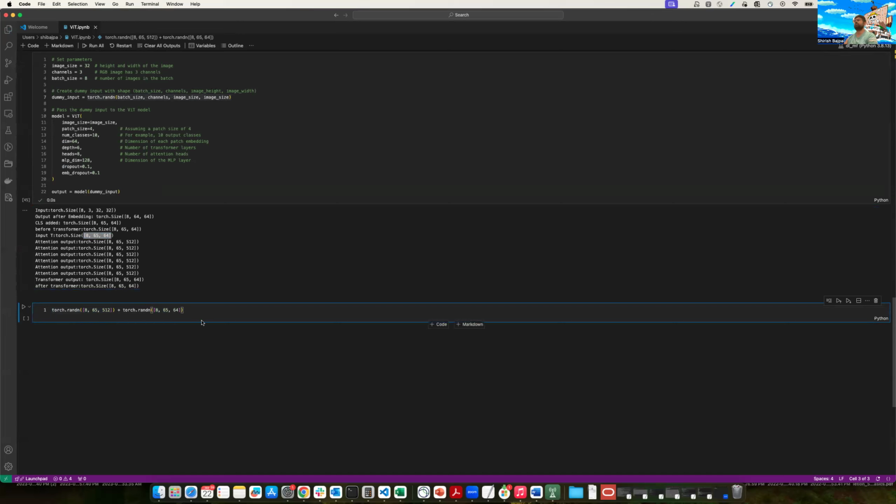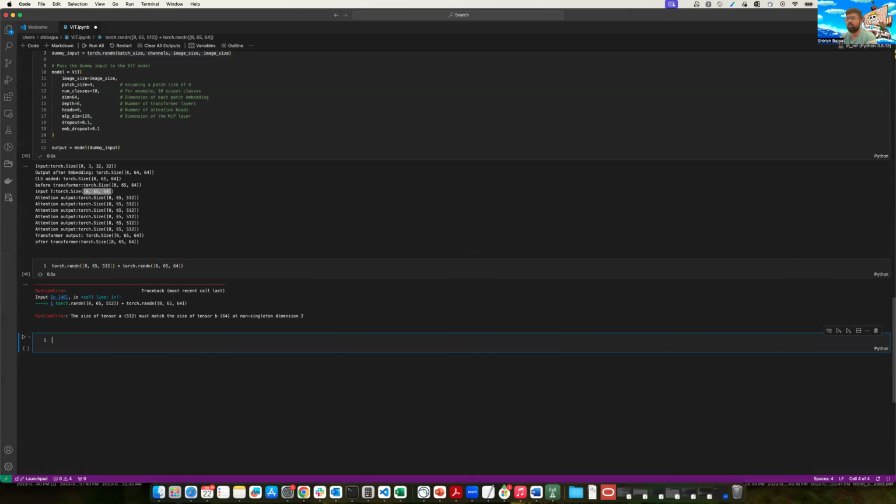So this is a matrix like 8 cross 12, size of string dimension 2, right?